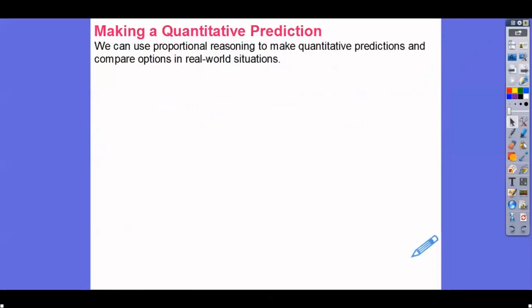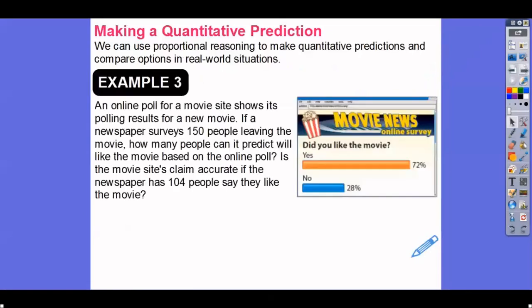Making a quantitative prediction. We can use proportional reasoning to make a quantitative prediction and compare the options in real world problems. So how will we use word problems? An online poll for a movie site shows its polling results for a new movie.